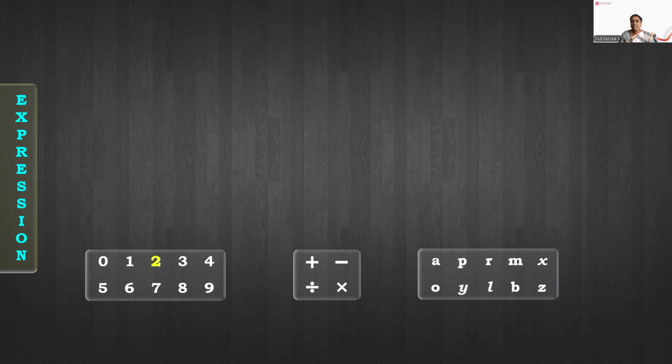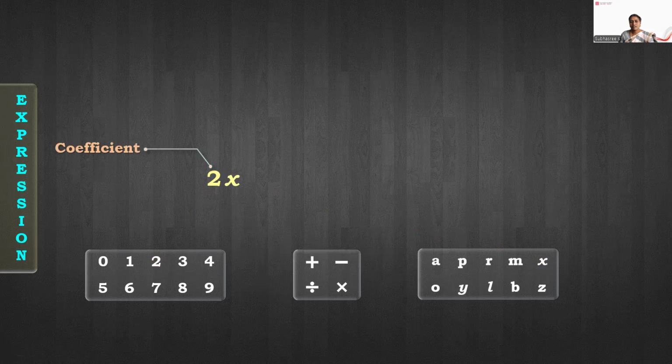If you take 2 and any one variable, for example x, I said a number and a variable. Then what is a coefficient? A number placed near the variable is called a coefficient.